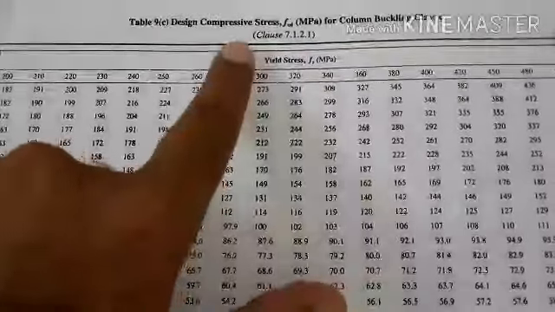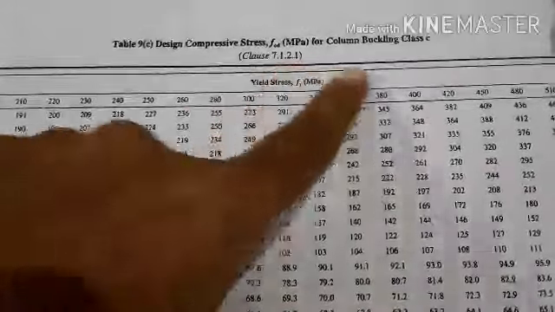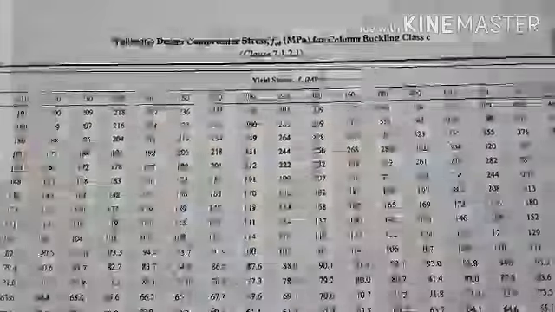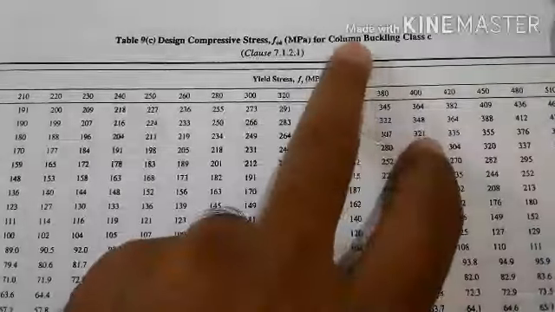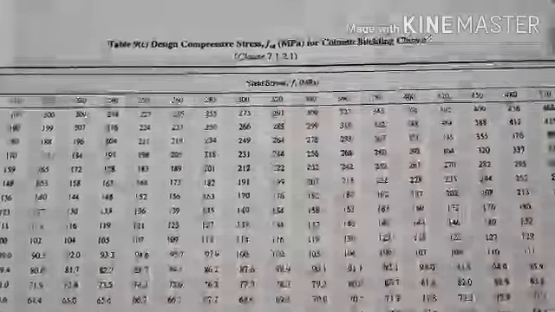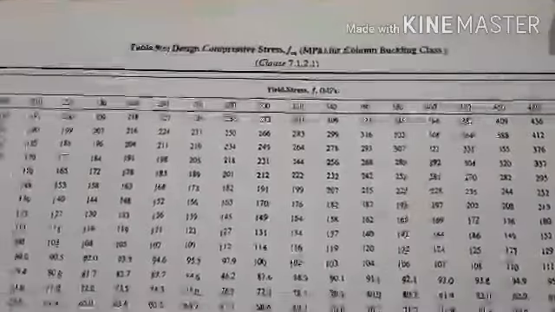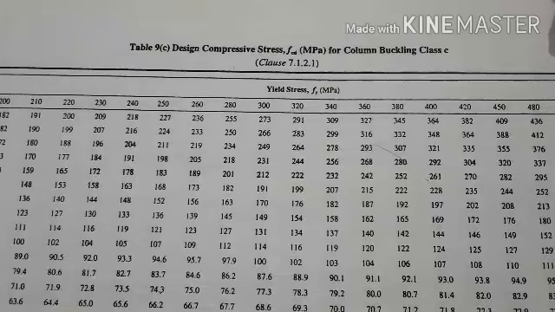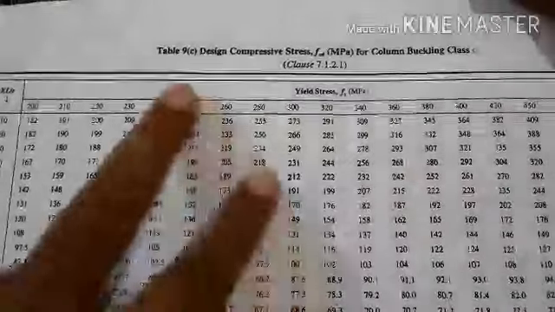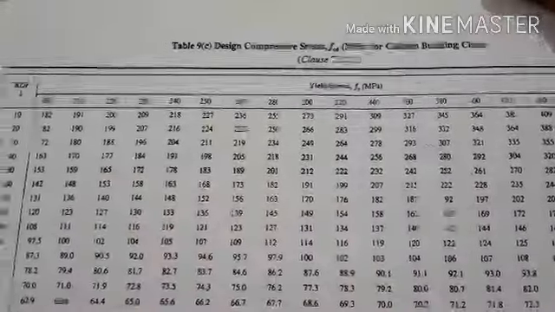Design compressive stress fcd for column buckling class C. Since the web is acting as a column here, you have to consider it as class C only. So remember Table 9C, page number 42.